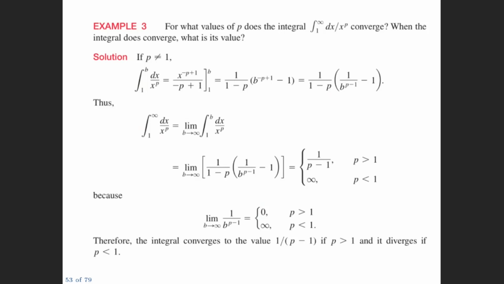An example from the book. For what values of p does the integral from 1 to infinity dx over x to the power p converge? And when the integral does converge, what is its value?